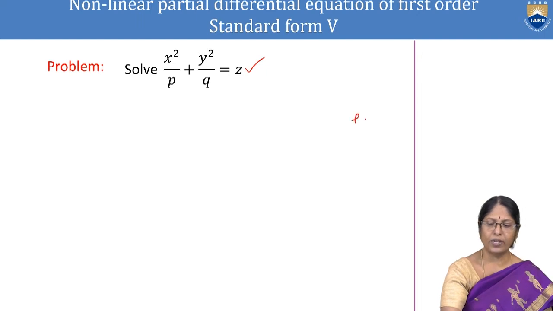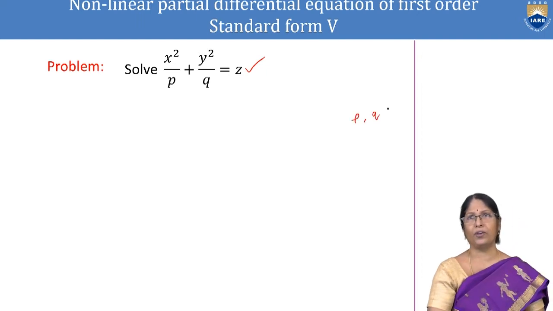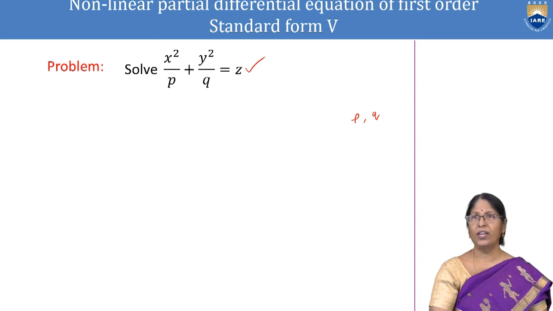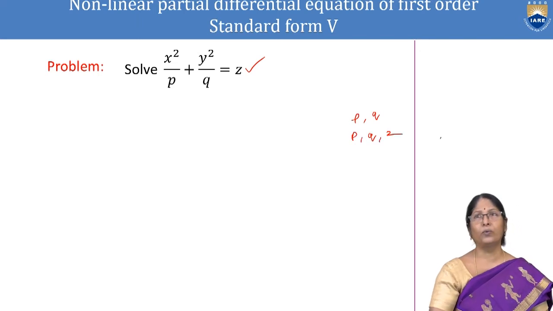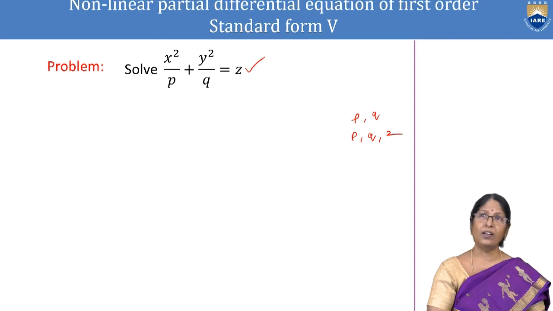Standard form 1 compulsorily should have only P and Q. So it is vanished, it is not standard form 1. Standard form 2 means PQZ. That is also vanished because strictly in standard form 2, X and Y should not be there at all.